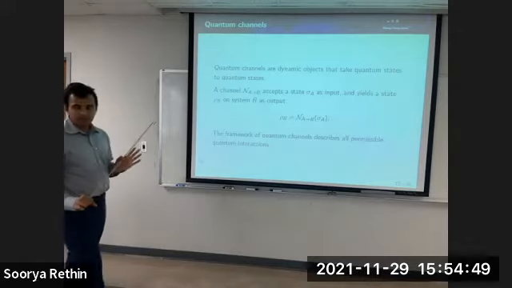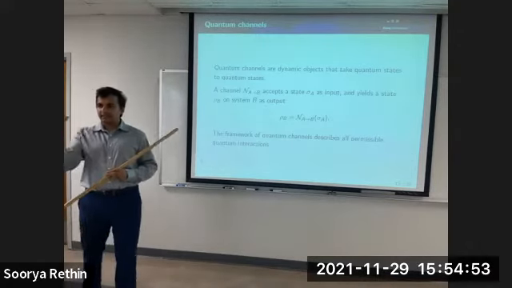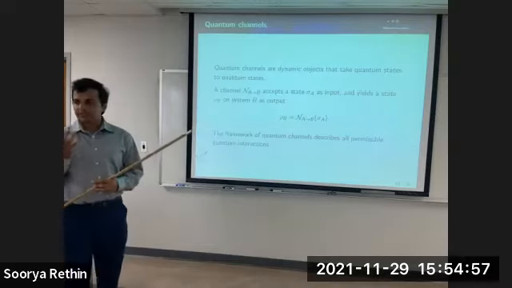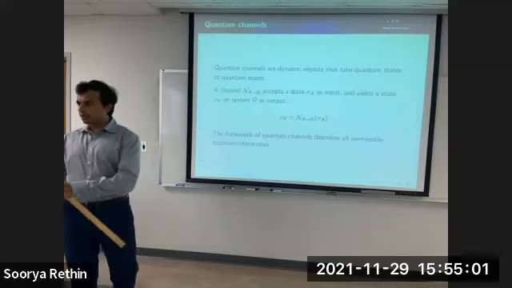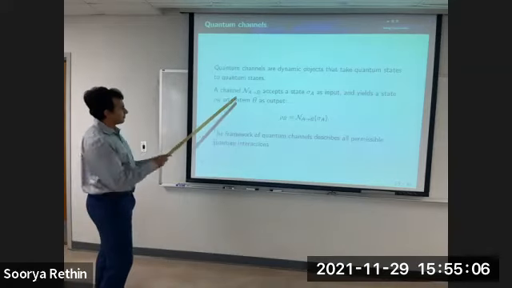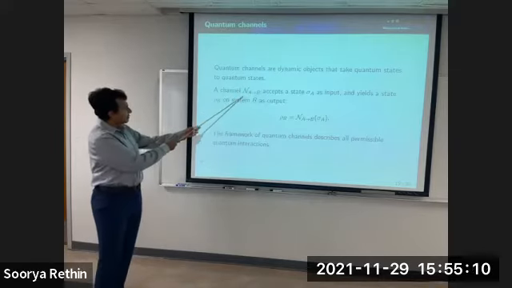So, a brief introduction to quantum channels. As I said, quantum channels are like the next rung in the hierarchy from quantum states. Instead of static objects or descriptions of systems, they are dynamic objects that convert one quantum state to another. That is, the notation N going from A to B means that N is a symbol for the channel.